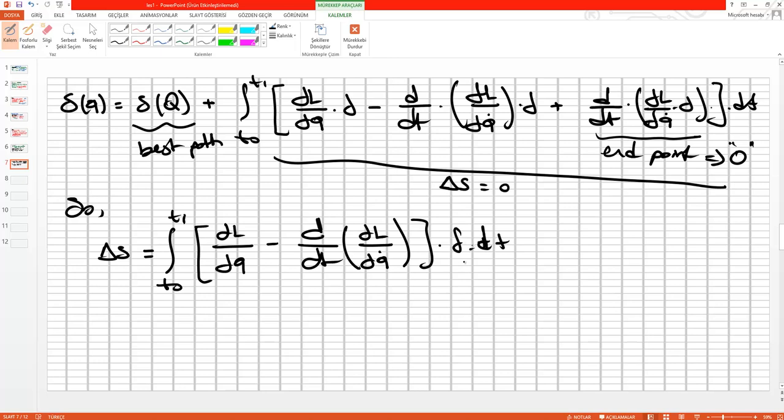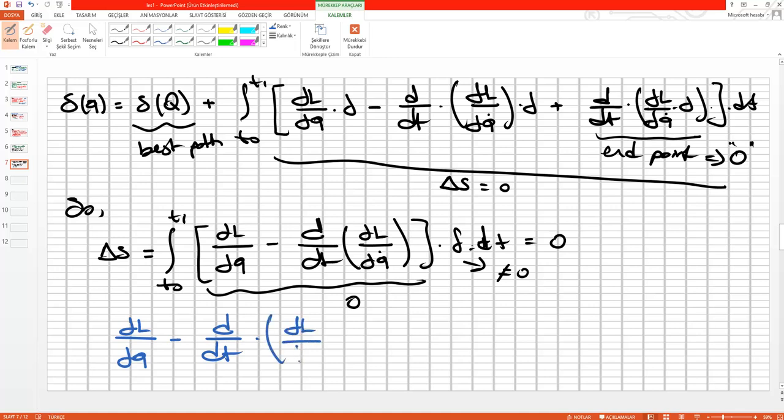Okay, and so delta cannot be 0 because then there is no kinetic energy or any deviation. And so if we utilize these terms, delta s must be equal to 0, and so this must be equal to 0. And so in the final theorem we have dL/dq minus d/dt times dL/dq dot is equal to 0.